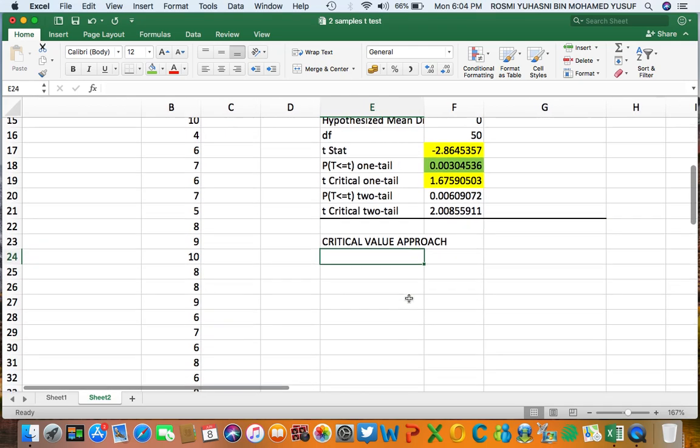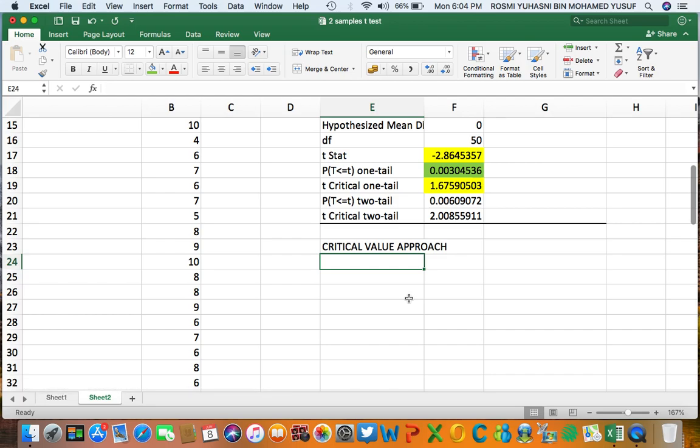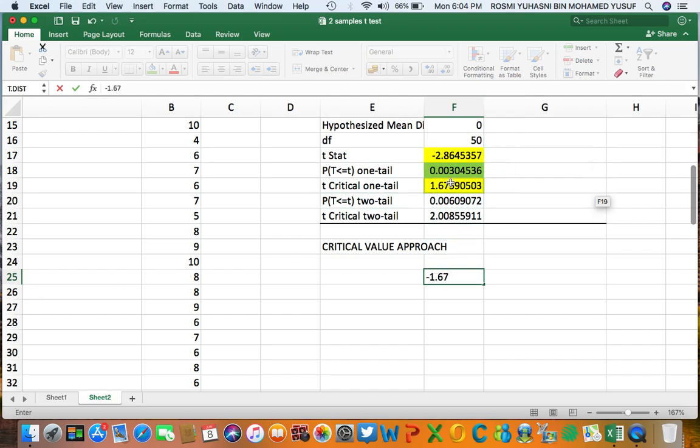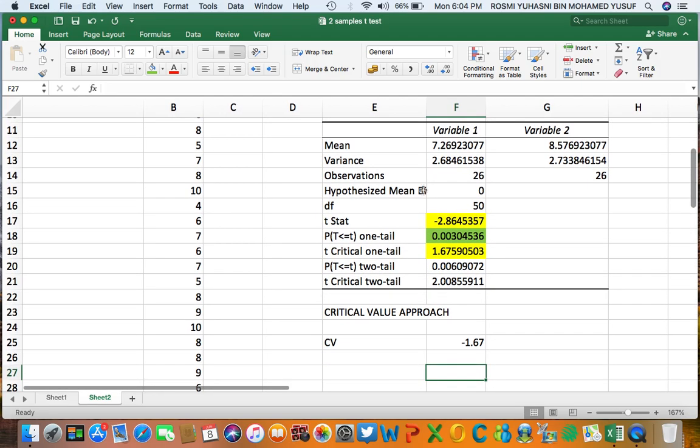If you look at your distribution at the lower tail, the critical value is negative 1.67 here. Why is it negative, whereas here it is positive? Because it is lower one tail, you have to make it negative. So the critical value is negative 1.67.